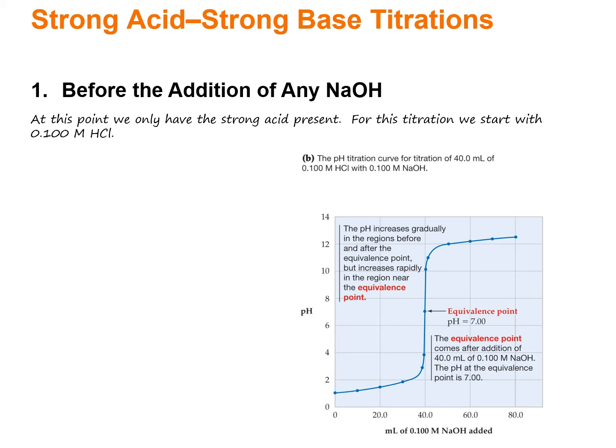And so this becomes a relatively easy calculation. Remember, a strong acid is going to completely dissociate. And so the hydronium ion concentration is just 0.1 molar. And if we want to find the pH, it's just minus log of 0.1, and that yields a pH of 1.000 if we want to throw all the sig figs in there.